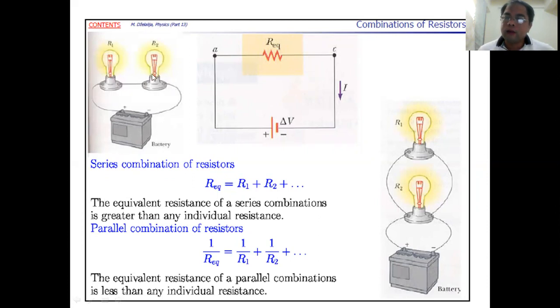The way we know that this is series is that when we detach one bulb, the whole circuit will no longer function. Now, in our simplified schematic diagram on the other end, we will only see one resistor, or resistance. So what happens there is that we combine these two resistances and call it Req, or the equivalent resistance. The equivalent resistance may be thought of as something like a total resistance.